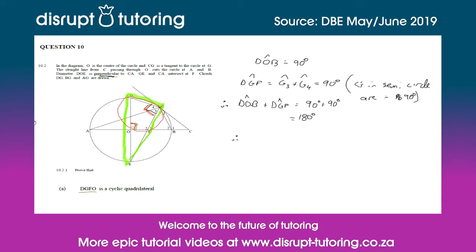So therefore, DGFO is a cyclic quad, and your reason here is the converse to the theorem that states opposite angles of a cyclic quad equal 180 degrees.